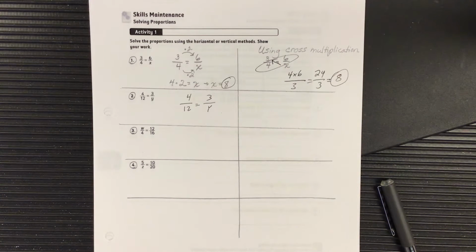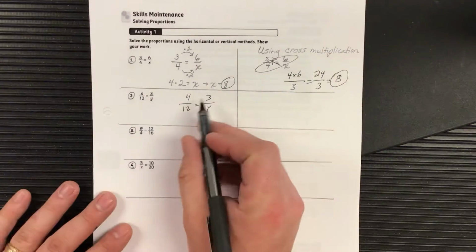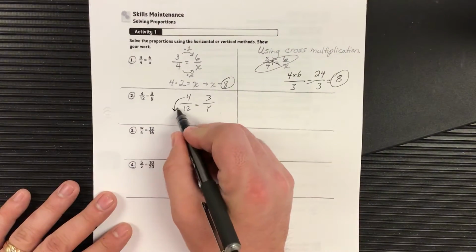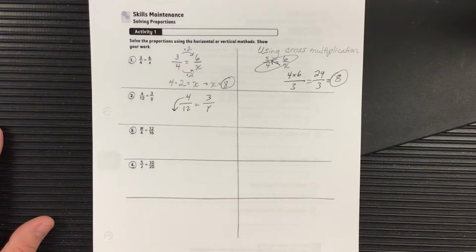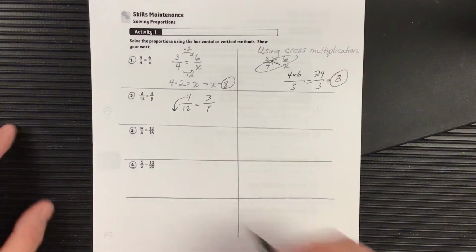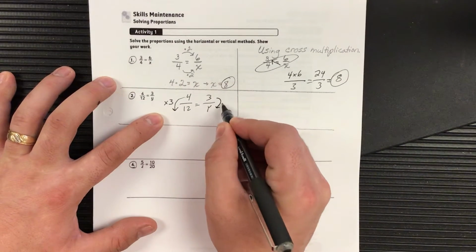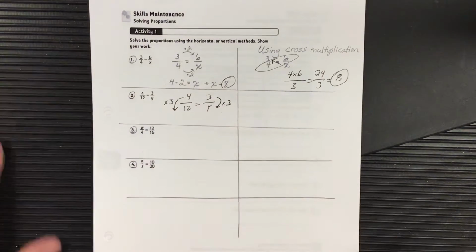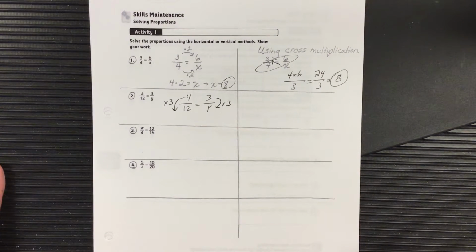That would be vertically, because I don't know 4 times what is 3. I don't know that, but I do know 4 times something is 12. 3. So I'm going to put a little times 3 here, and I have to do the same to the other side. 3 times 3. 9.